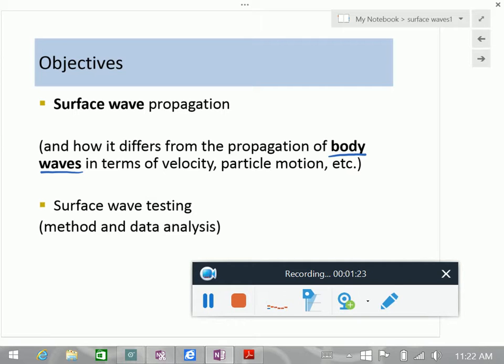Yes, the waves that travel within the body of the material, which is basically P and S. There are other kinds of waves too, but we normally mean P and S waves. And then we talk about surface wave testing, how it works, why it is attractive, and what we get out of it.